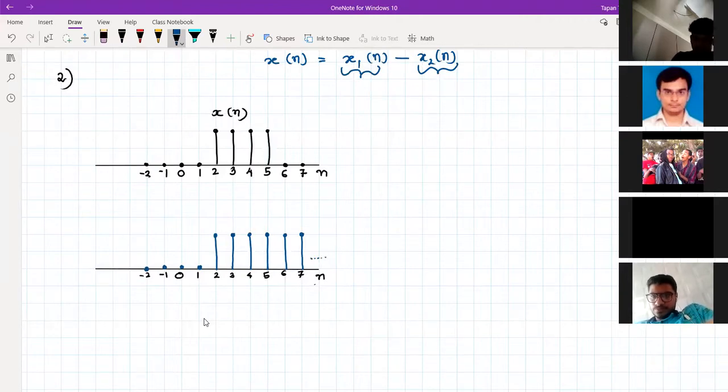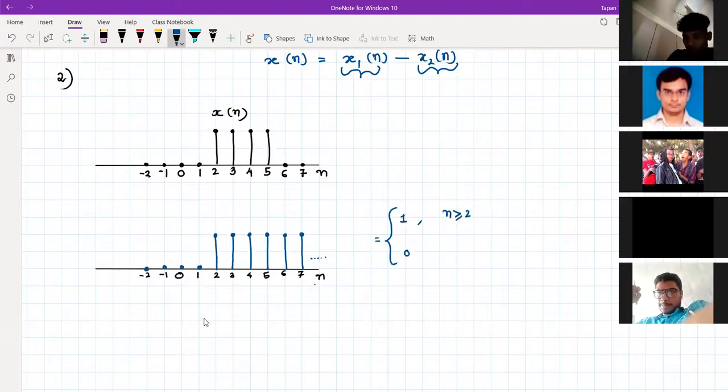Okay, the function is defined like this. It is 1 for n greater than or equal to 2, and it is 0 for n less than 2.